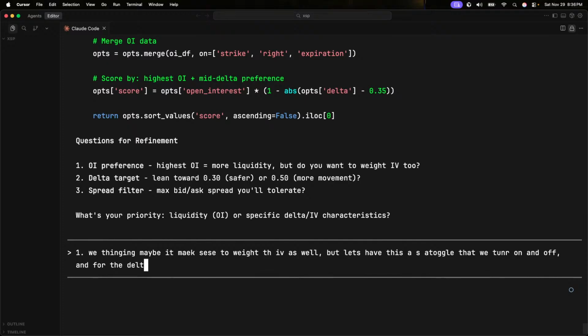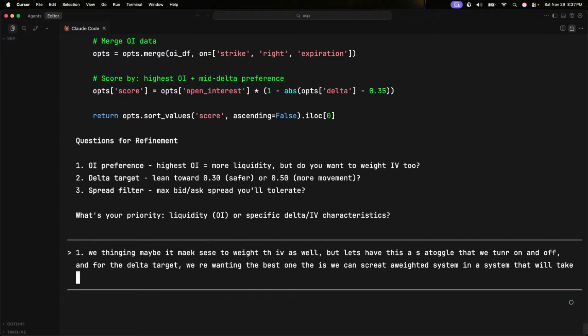And for the delta target, we want the best one, if we can create a weighted system that takes the available option contracts that meet the target requirements, then picks the one that has the highest score.